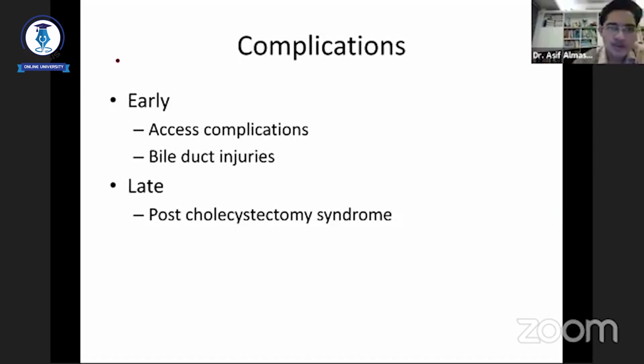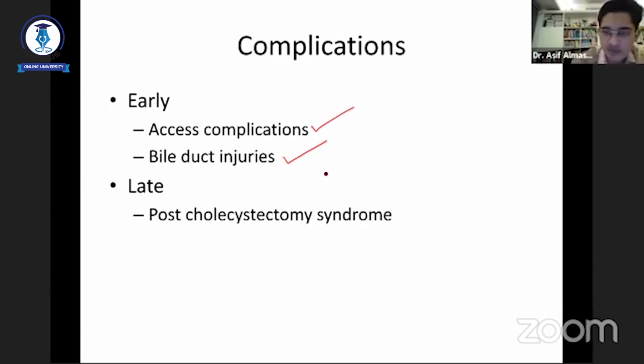Now, what are the complications? Early complications can be divided into access complications and bile duct injuries. What is access complication? This is in case of laparoscopic cholecystectomy. When you're introducing the port, there may be injury to the bowel. Bile duct injuries, why?